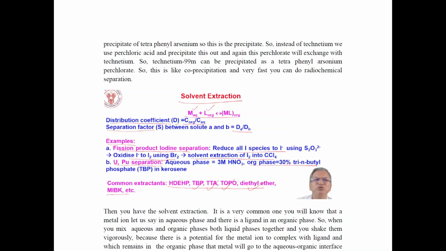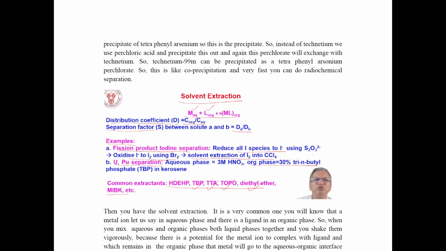Okay, understood. And what is the main difference between a distribution coefficient and separation factor? Okay, so, how can I say? See, suppose you have this M aqueous and liquid.